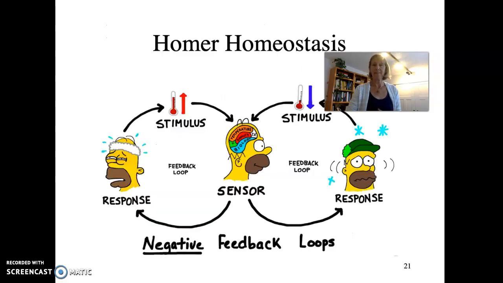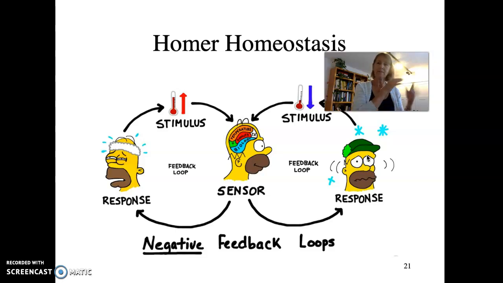And this is just a silly Homer homeostasis. The stimulus here for him is too warm, comes into the brain, which is a sensor, and if he's too warm, he's going to start sweating. The opposite for poor Homer homeostasis here is that too cold, then what you're going to do is you're going to shiver. There's the compensation.